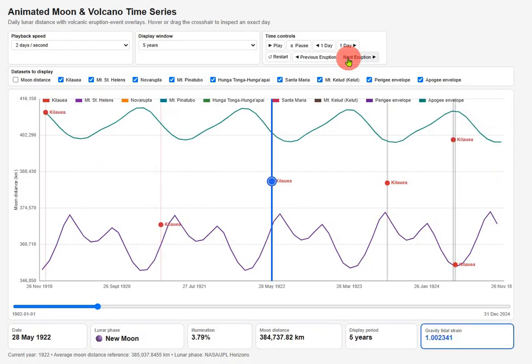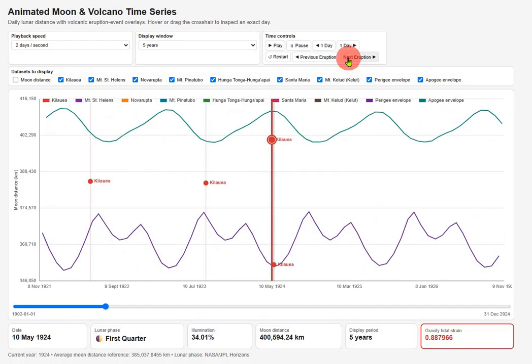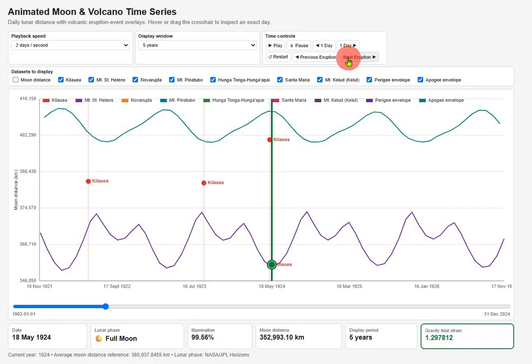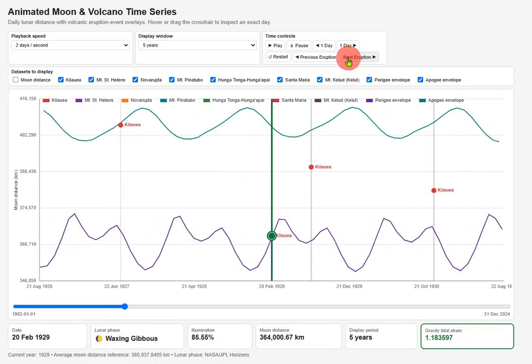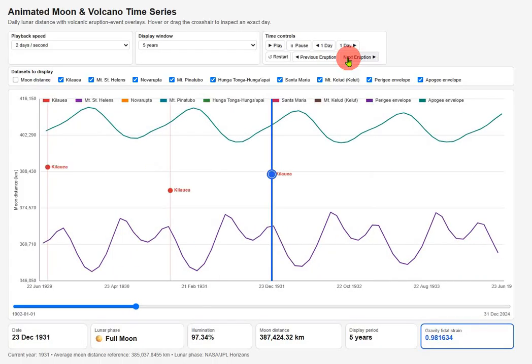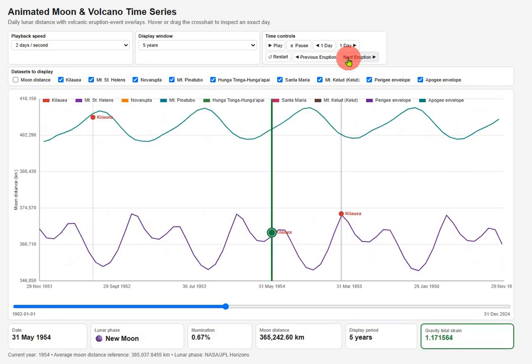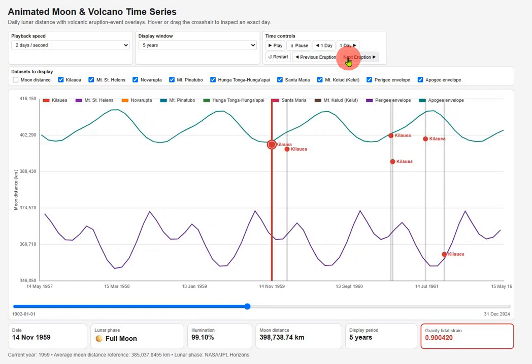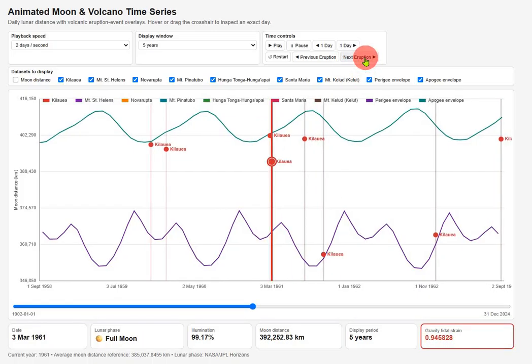near perigee, mid-range, kind of further away, right at perigee, apogee, perigee, mid-range, apogee, perigee, near apogee, apogee, kind of mid-range. That was just a couple days.